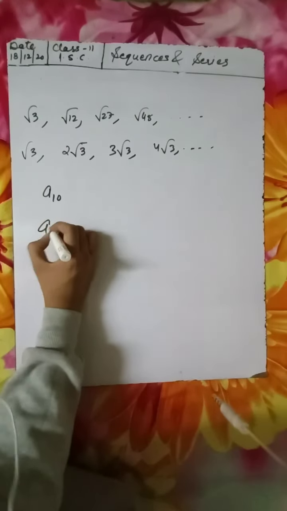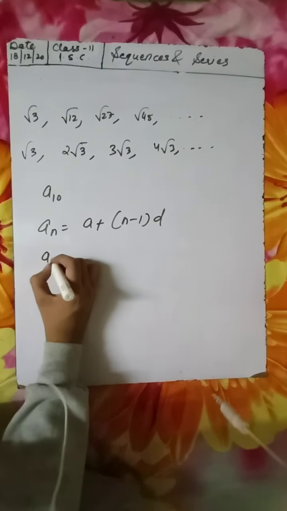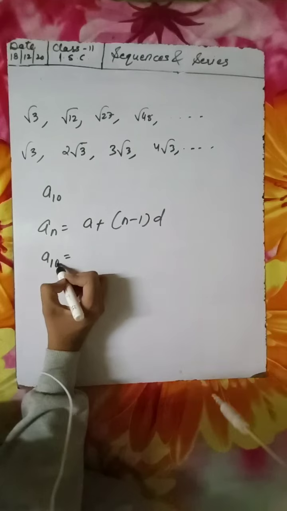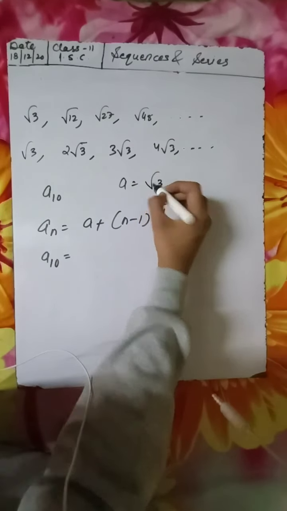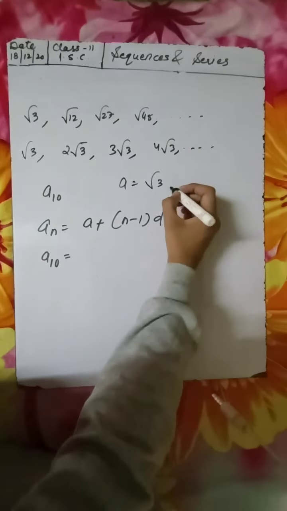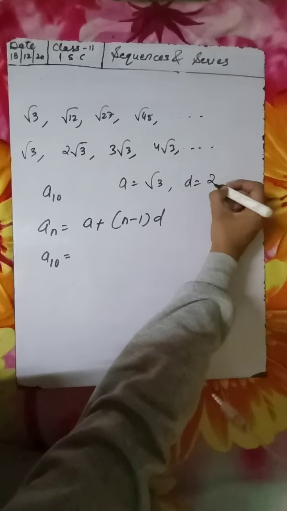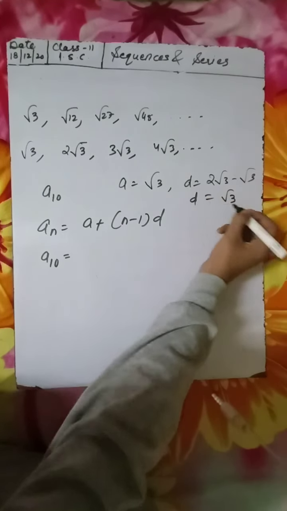Using the formula an is equal to a plus n minus 1 into d, we need to find the 10th term, so n is equal to 10. Here a is root 3, the first member of this sequence, and d is 2 root 3 minus root 3, which is root 3.